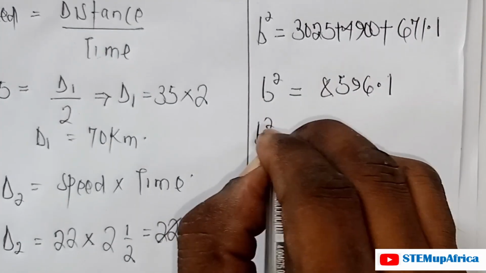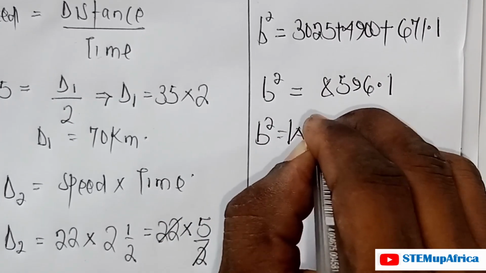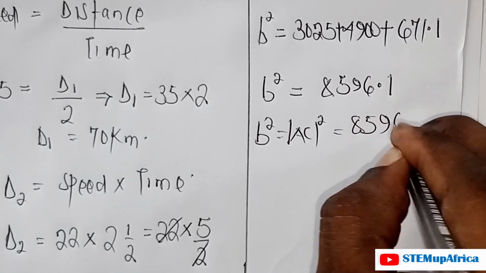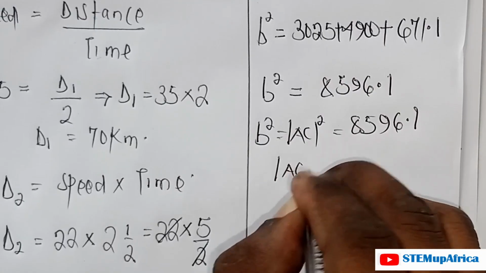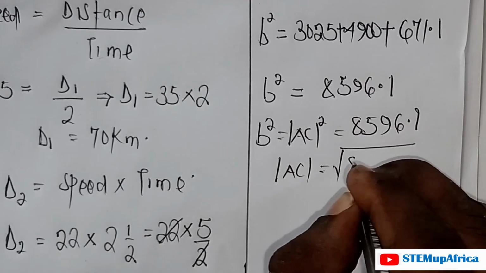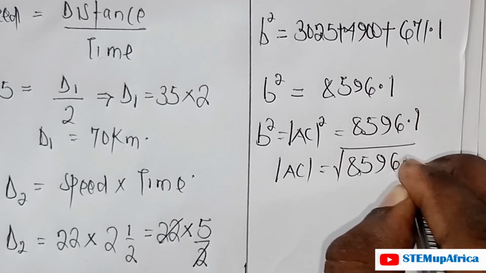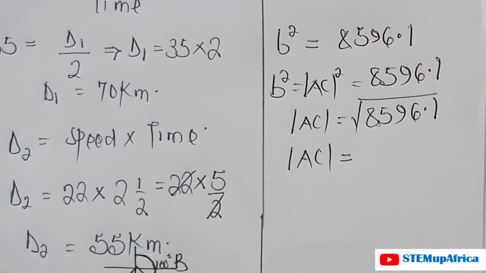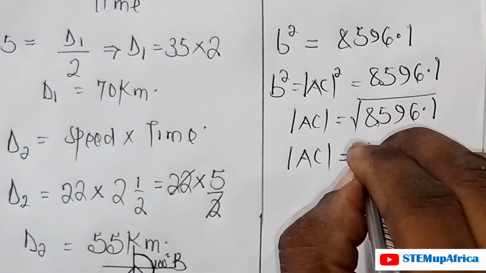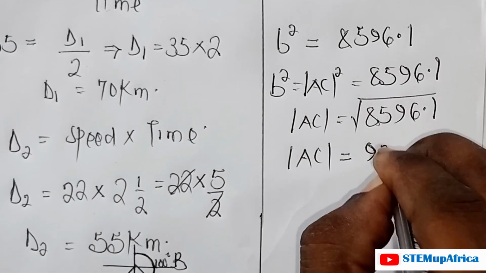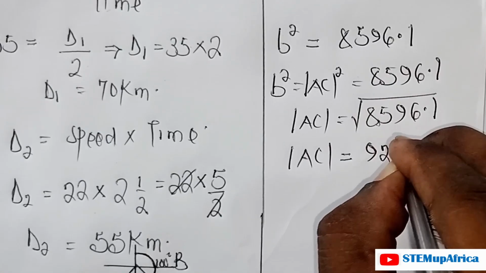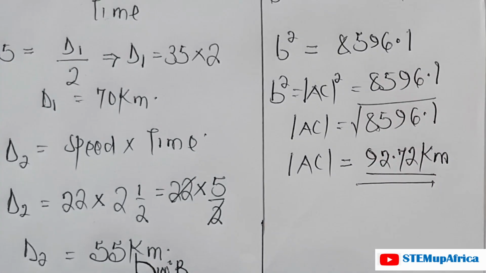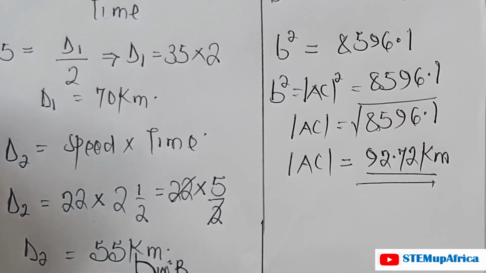So b squared is simply my AC squared, which is 8596.1. So my AC becomes the square root of 8596.1. Let's see what AC gives us. Our AC will give us 92.72 kilometers to 2 decimal places. That's the distance of the aircraft from its starting point.